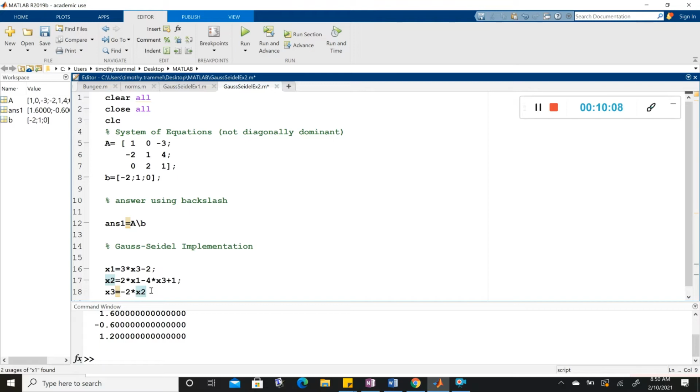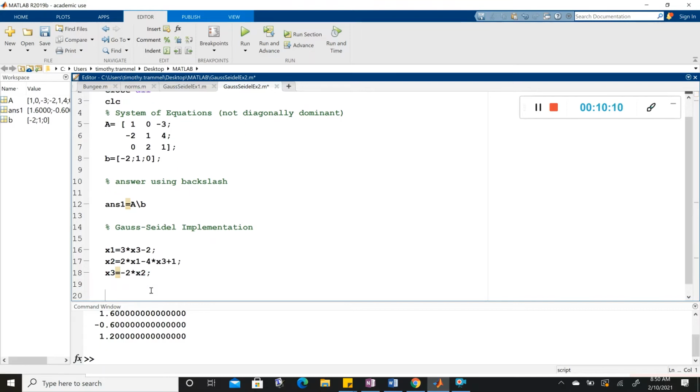Okay, go ahead and we'll suppress that, and we'll set up a for loop just like last time. Which again, we would normally want to probably do a while loop where we can say that we want to get within some desired range of values, or some desired relative error is what I mean. Okay, so we have i equals, let's just do 1 to 8. I think that'll be plenty of iterations for this example.